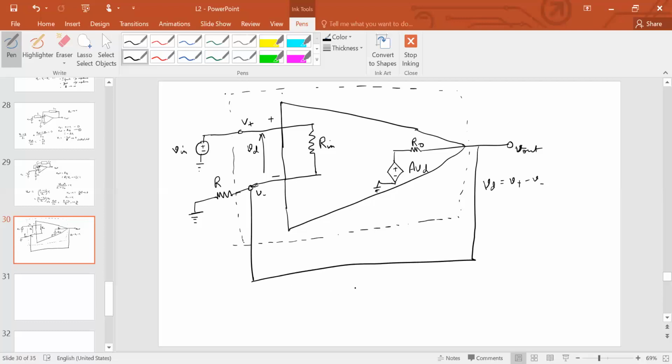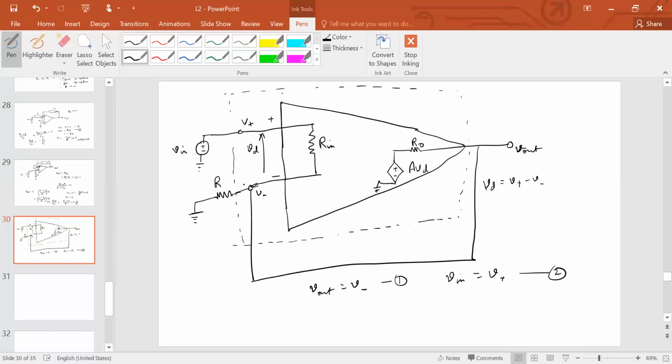Now we want to write the KCL. First, before that, notice that V out is shorted with V minus. So basically, V out is equal to V minus. That is equation 1. Second equation is V in is equal to V plus. That is equation 2.